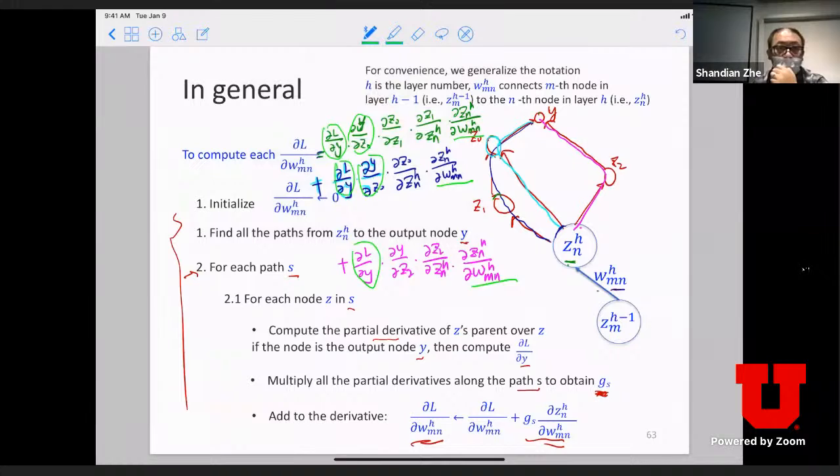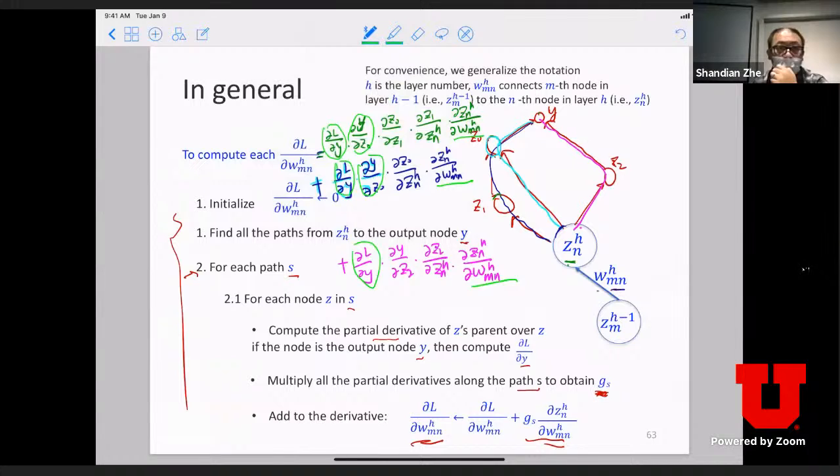So imagine if you have 100 layers or 200 layers, at each weight, you have to backtrack through 100 layers. This is really, really expensive and inefficient. So that's why people were motivated to develop a much more efficient algorithm called backpropagation.